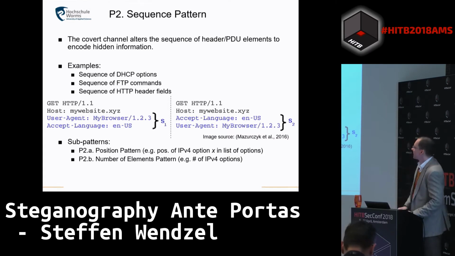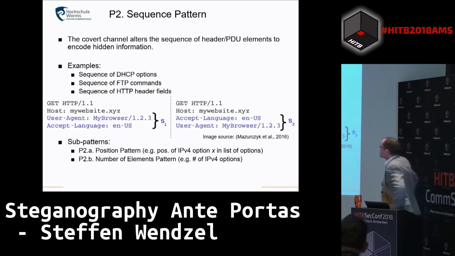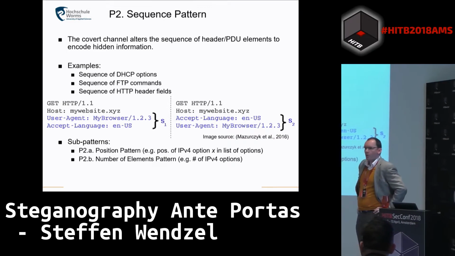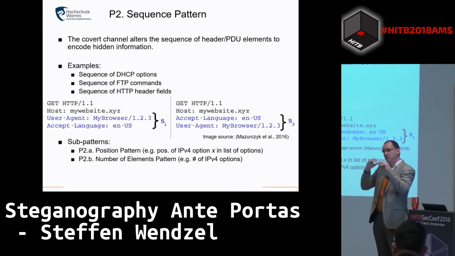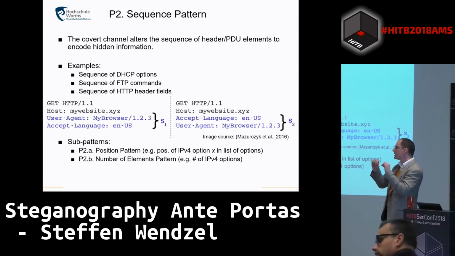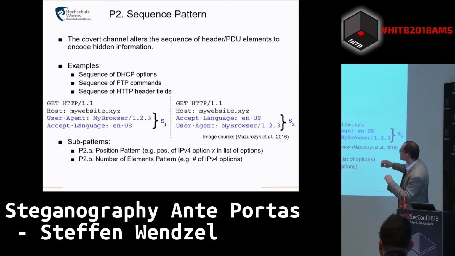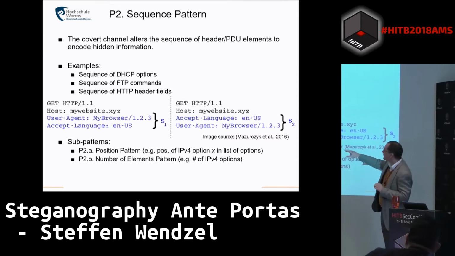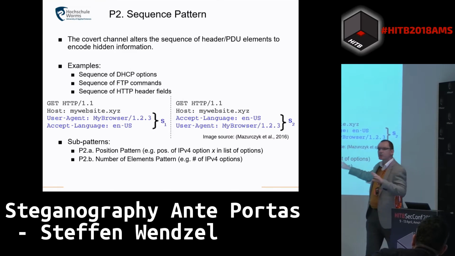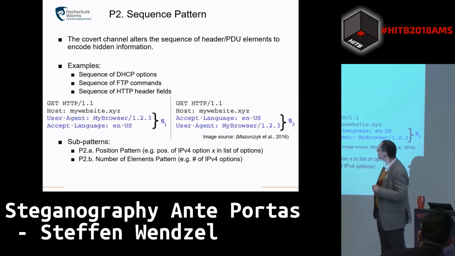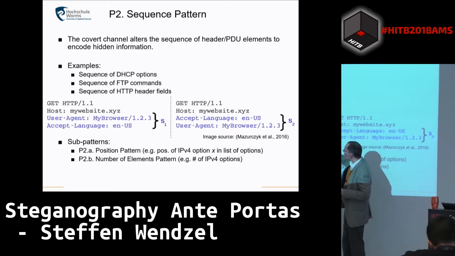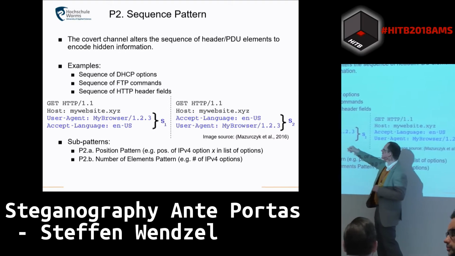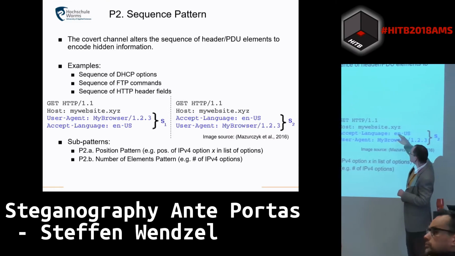Then we have the sequence pattern. Here we modify the order of elements, the sequence of elements in the metadata. So for instance, here we have one example that is a standard HTTP 1.1 request. In one case, we first send the user agent and then the accept language line, and in the other case, we flip it.